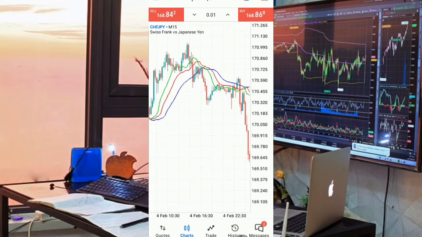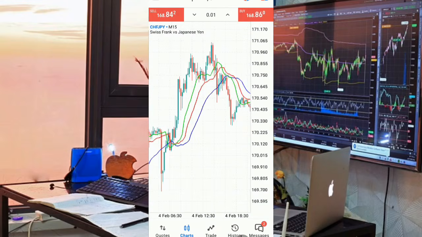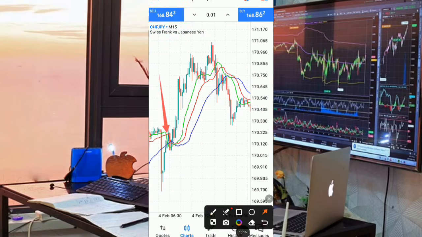This is just a 15-minute time frame. Every time you have got the price range over here, the next thing you are going to do is just wait for the alligator to open. If the alligator opens, look at the breakout, look for bearish or bullish consecutive candles. Whenever it's opening and we've got bearish candles, we are selling.